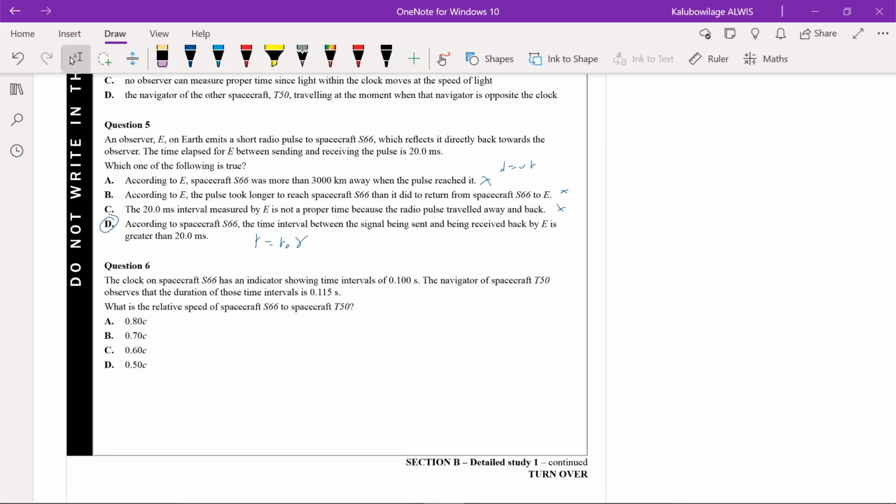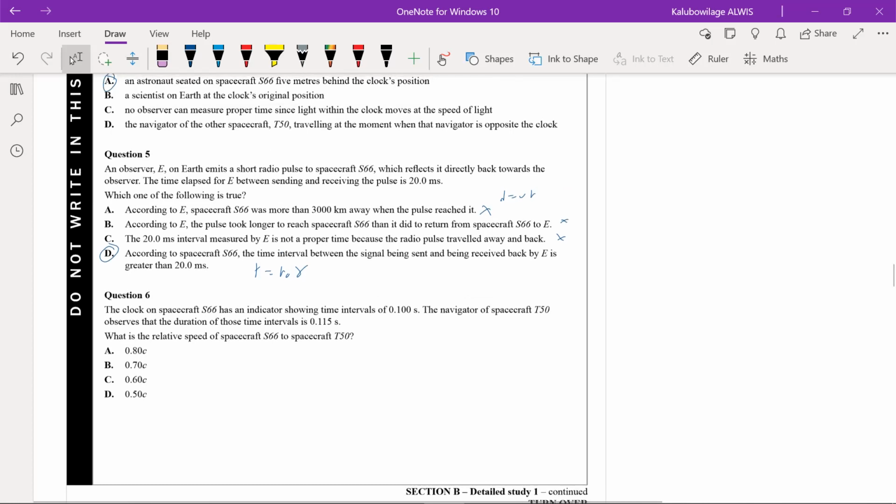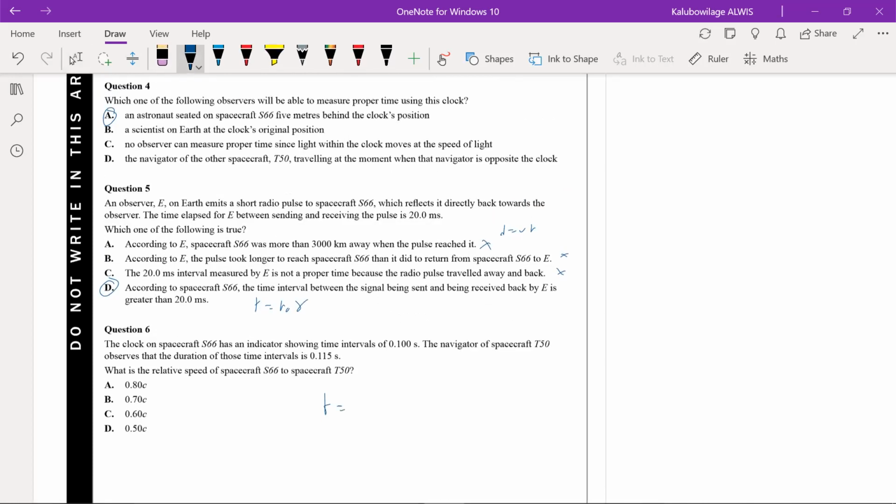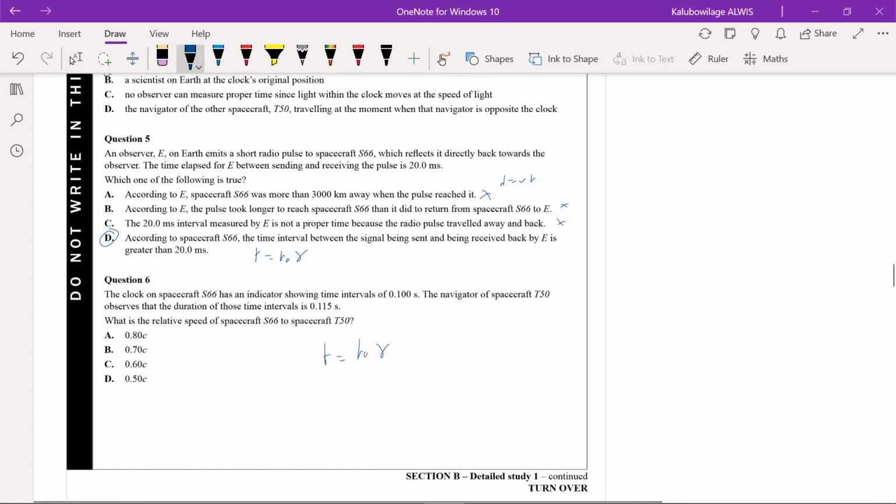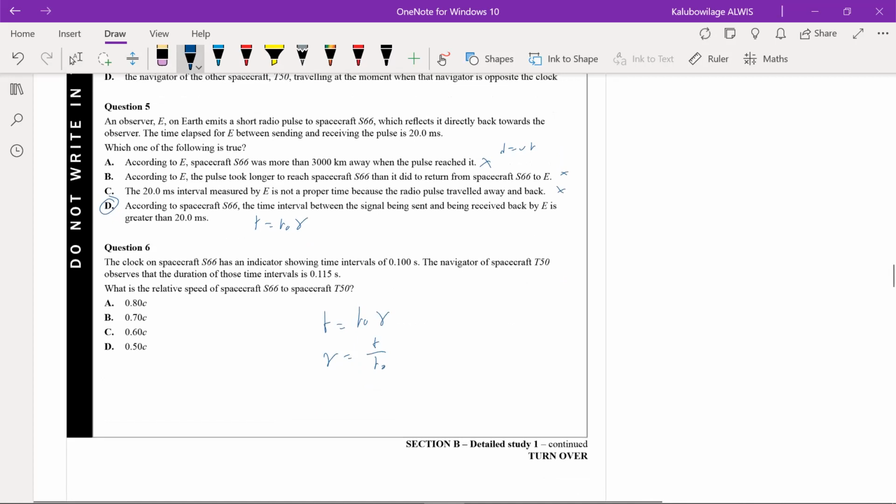The navigator of spacecraft T50 observes the duration of the time intervals is 0.15. So the proper time is 0.1, T0.